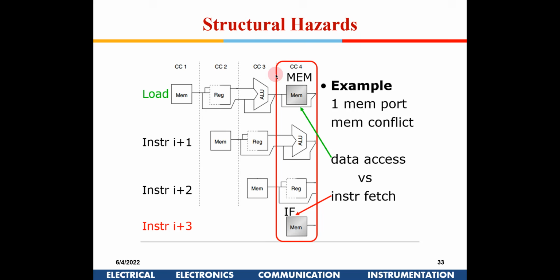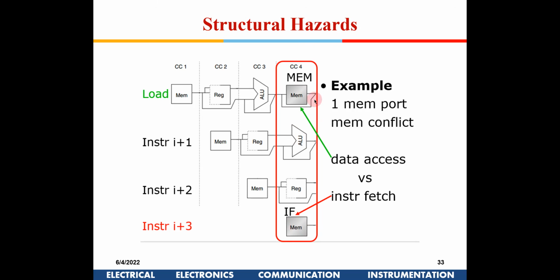Now coming to the last kind of hazards, which is known as structural hazards. If you see here, you are loading the data from the memory. This is the register, ALU. In the last cycle you are writing the data into the memory, right? And here also you are fetching the data from the memory.